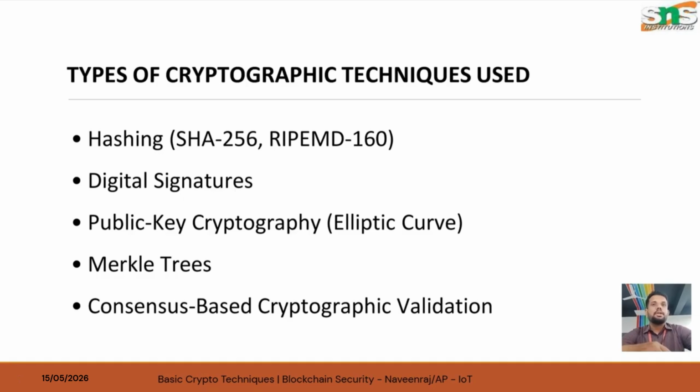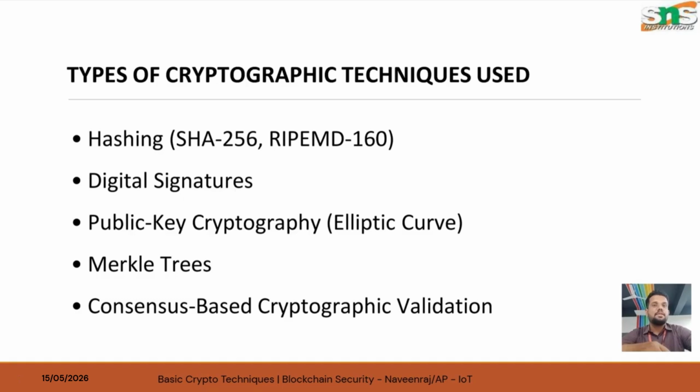Similarly, coming to the digital signature, we use it for authentication plus integrity. It is based on public key cryptography and similar mathematical algorithms. The steps involved are: the user creates a transaction first, then the hash of the transaction is generated.